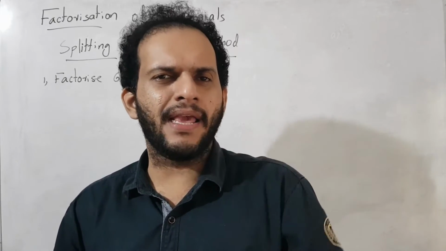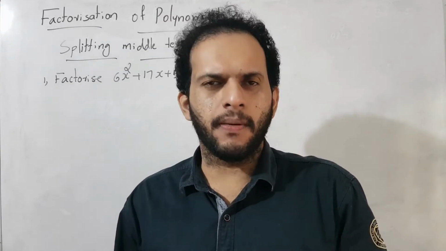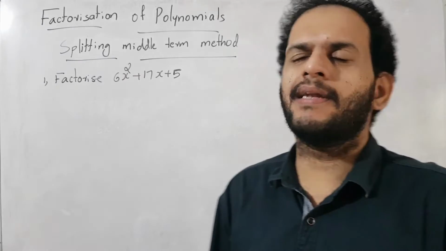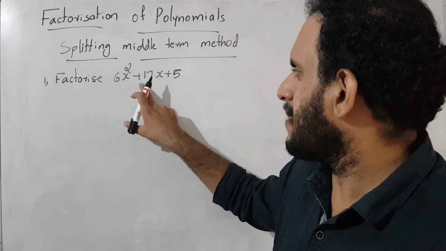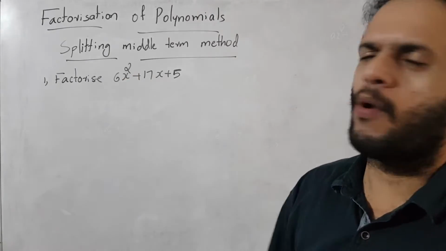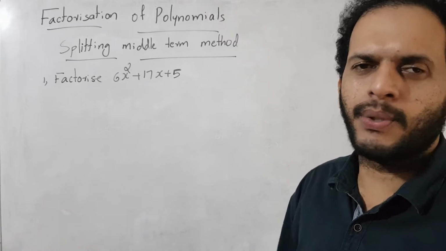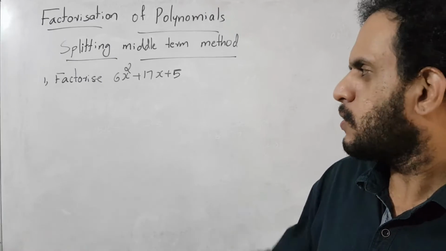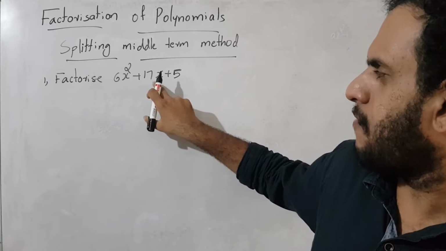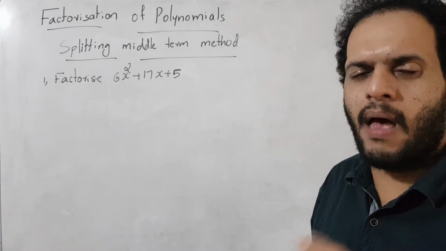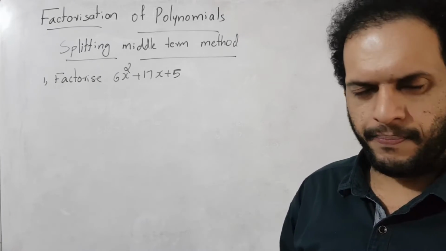First we apply the idea of splitting the middle term. We know what the idea of splitting the middle term is. Splitting the middle term means we need to split the middle term of the given polynomial as the sum of two other terms. Correct? So we need to split the 17x as the sum of two other numbers.